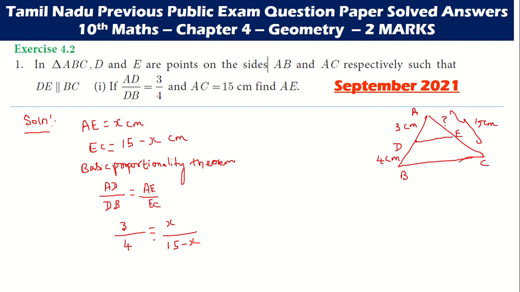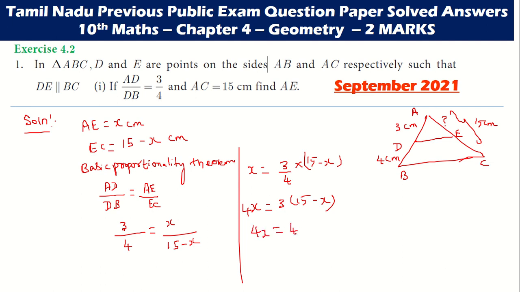So we need x. So take this value and carry only this. Then we get x is equal to 3 by 4 into 15 minus x. So this 4, if we take it to the left side, 4x is equal to 3 of 15 minus x. So 4x is equal to 3 into 15 is 45 minus 3x.